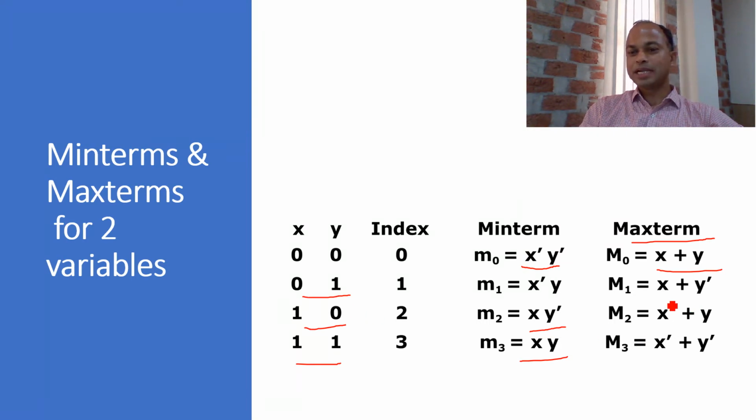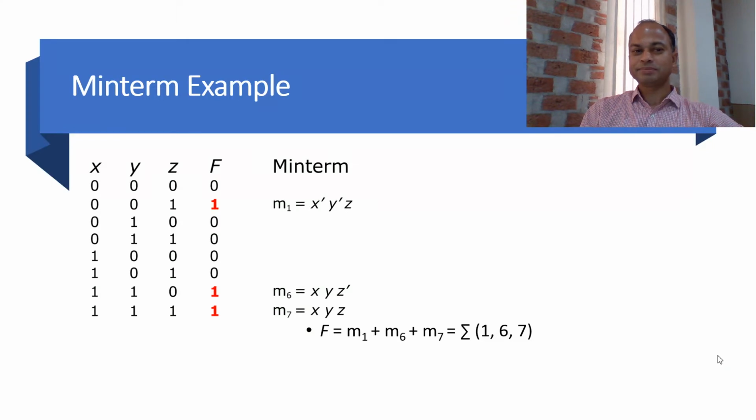So we write x, which is 0 already, but y equals 1, so we write y dash so that we can get 0. Similarly, we have written x dash plus y and x dash plus y dash. So in this way, we can find the min term and max term.